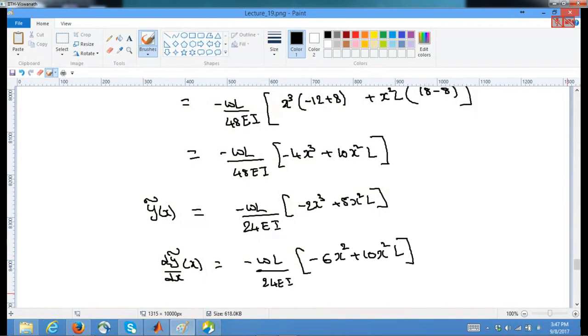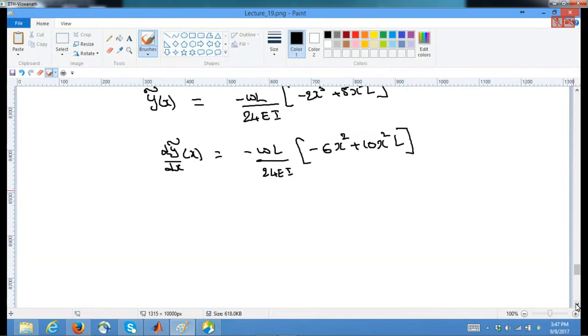And d square y by dx square EI with a tilde.